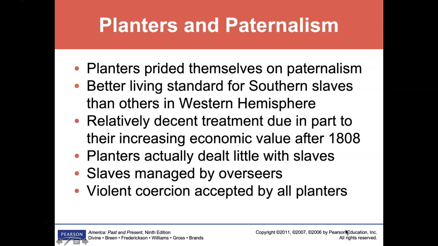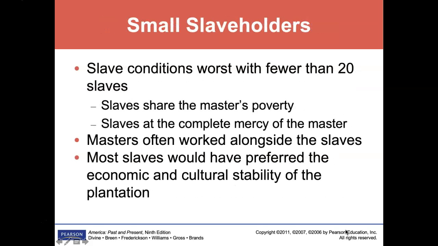Now, planters actually dealt little with slaves themselves. Slaves were managed more intimately by overseers, and there was sometimes violent coercion by the overseers for the plantation to run and function. When it came to small slaveholders, slave conditions were obviously the worst with fewer than 20 slaves, but slaves shared the master's poverty too.